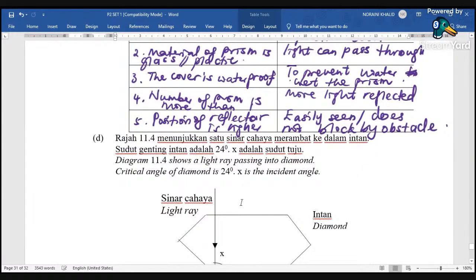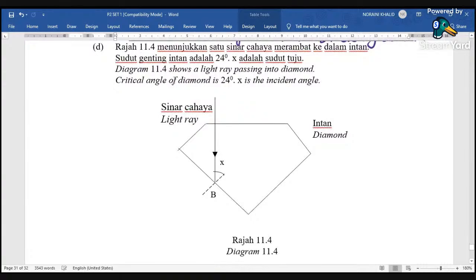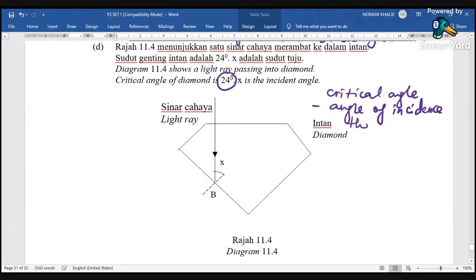Okay, part D. Diagram 11.4 shows a light ray passing into a diamond, critical angle 24, X is the incident angle. You must understand what is critical angle: the angle of incidence that produces an angle of refraction of 90 degrees.